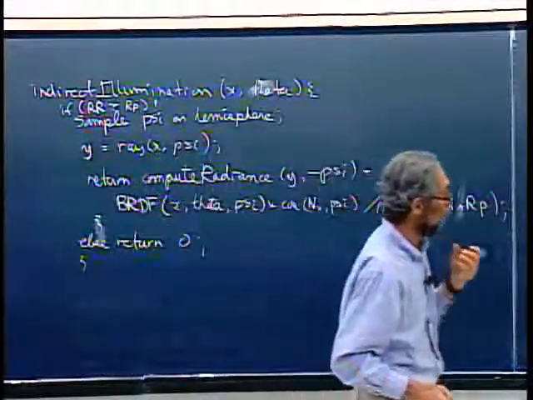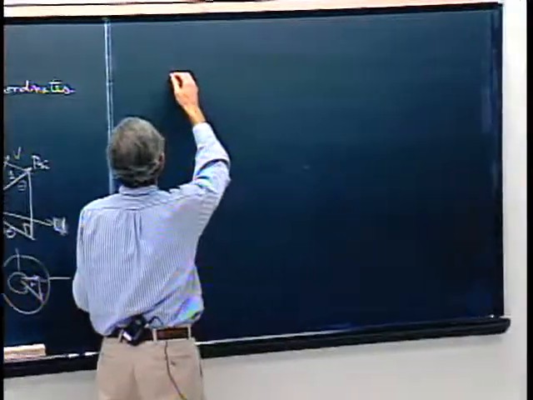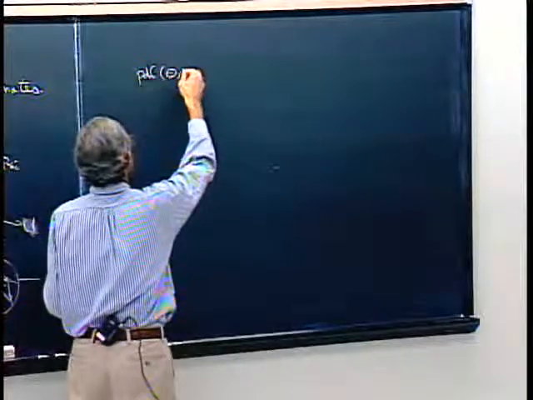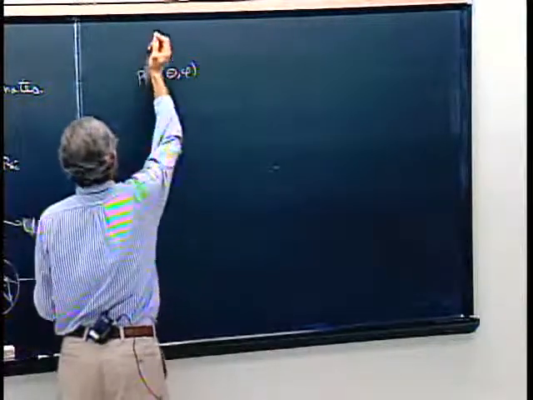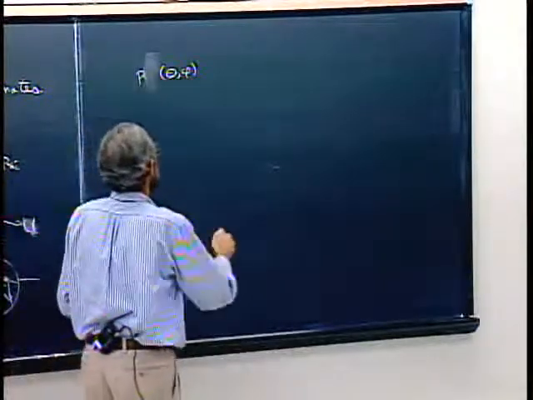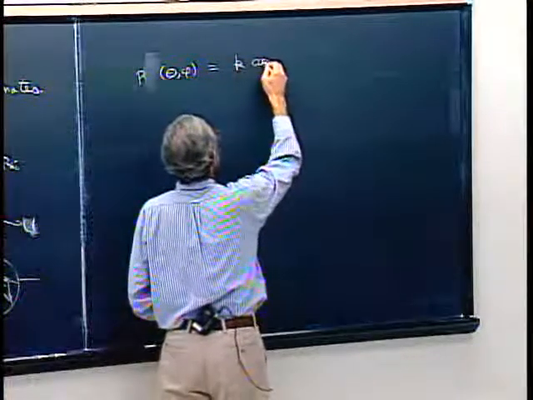Okay, so how can you do that? I think I talked about that before. Basically, the PDF for theta phi, that's just called probability, that's what we've been doing before instead of probability density function, is going to be some constant times cosine theta.